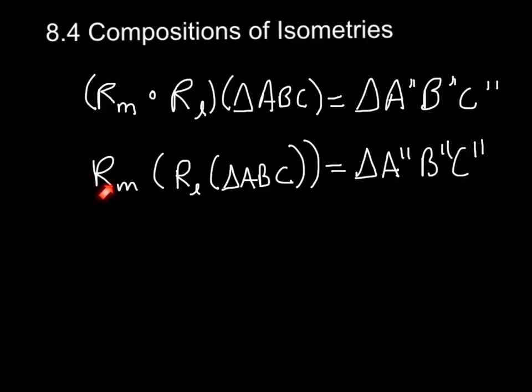So the reflection, capital R, over line M, because this is what you're reflecting over, following, not followed by, the reflection over line L of this triangle equals triangle A double prime, B double prime, C double prime. Now I want you to look at the picture. What line was it reflected over first? It was reflected over L first, then M.